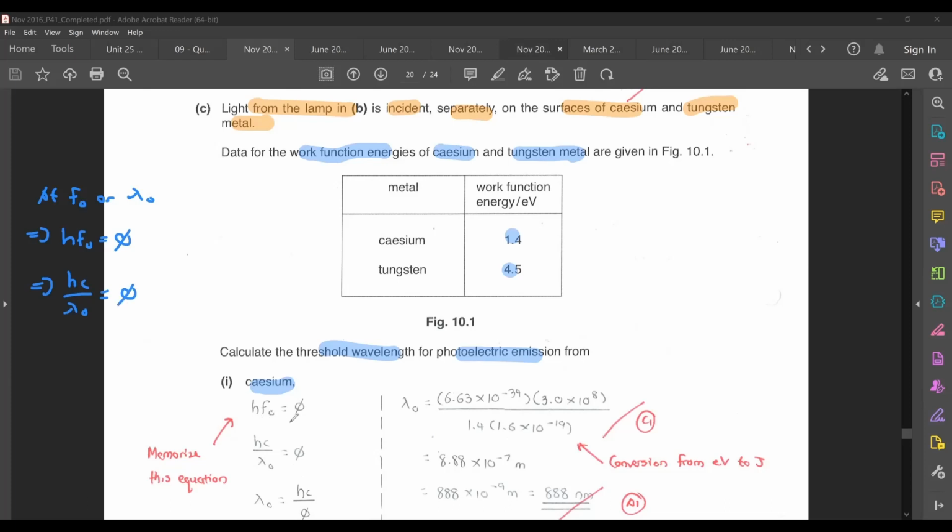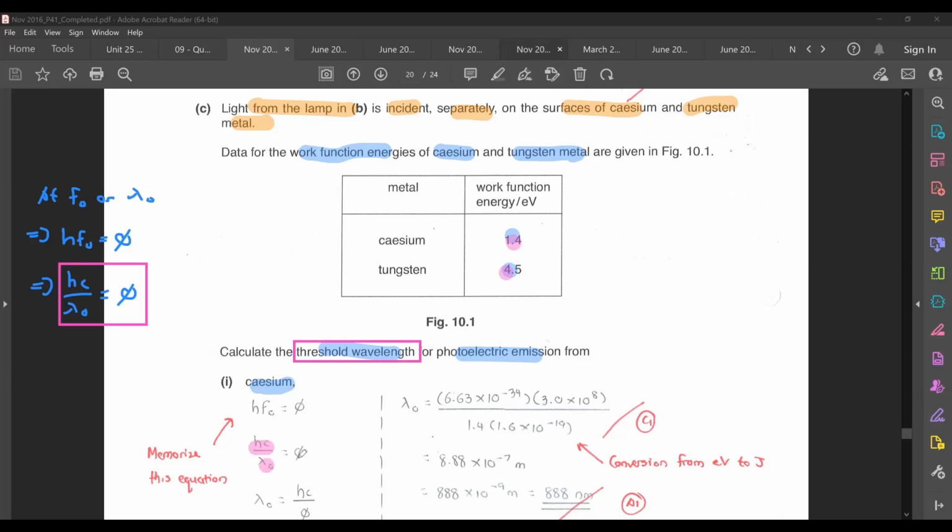So if you want to find out the threshold wavelength for photoelectric emission, you again use the second equation, because they want wavelength now, not frequency. The work function energy respectively is given to you, so you just use whatever is given there.